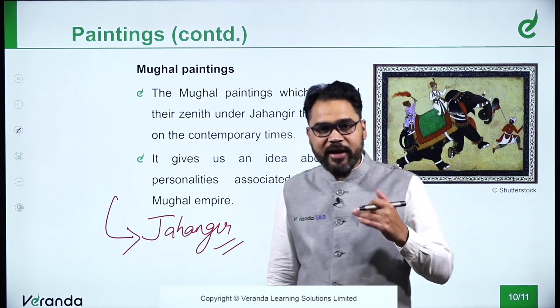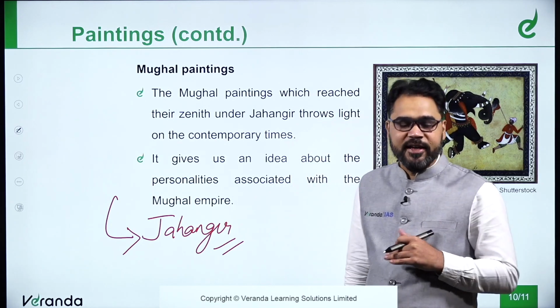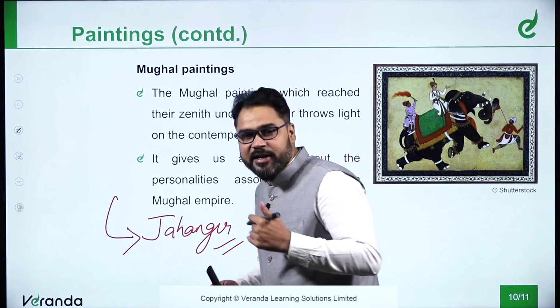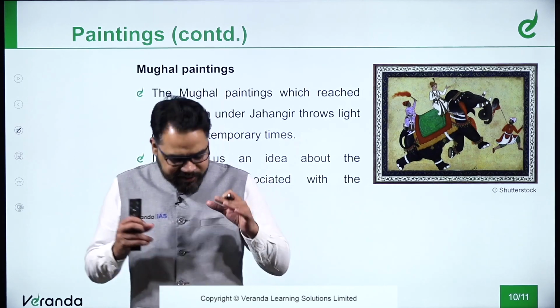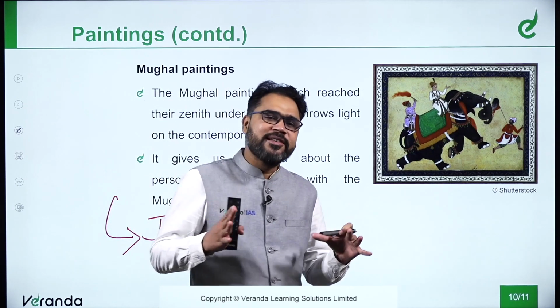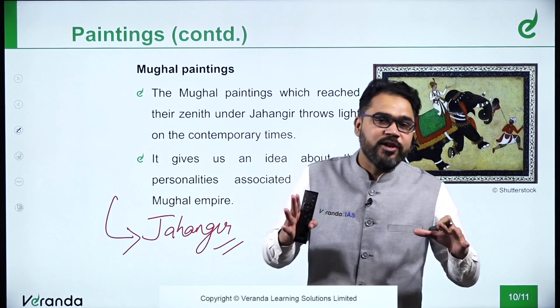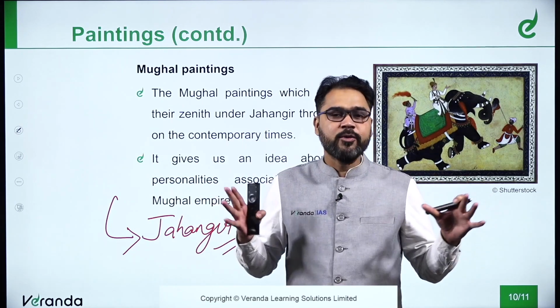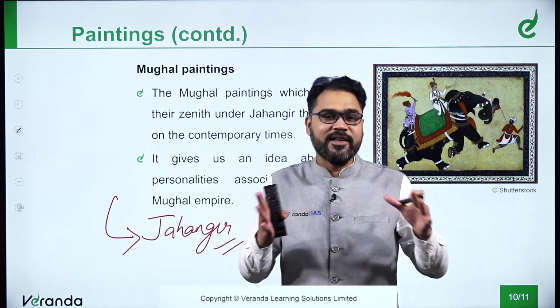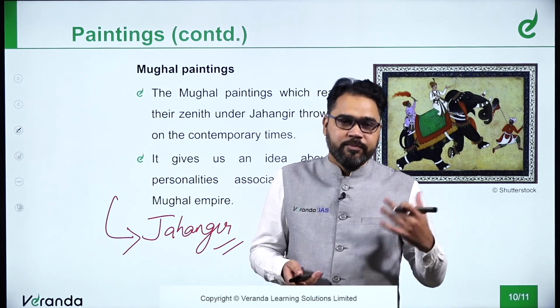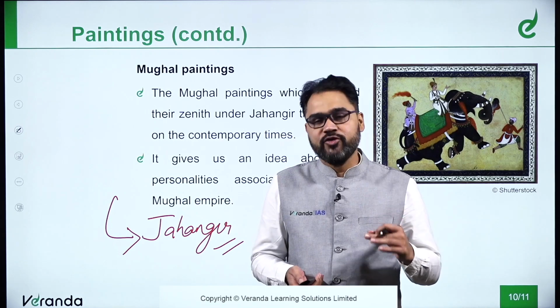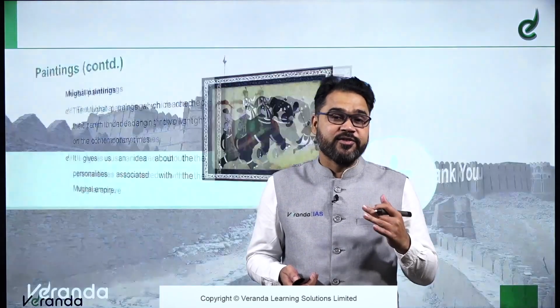It also gave a tremendous amount of ideas about the various personalities associated with the Mughal empire. The paintings provide information about that particular time: what were the events, what exactly happened. So this can also be used as a reference for history.